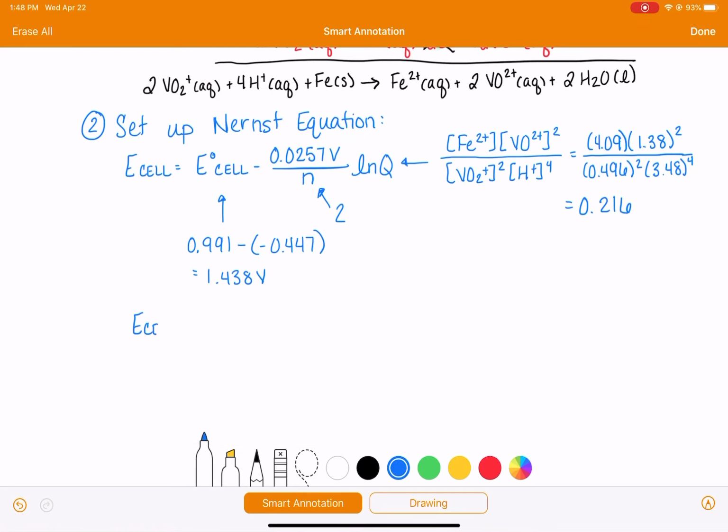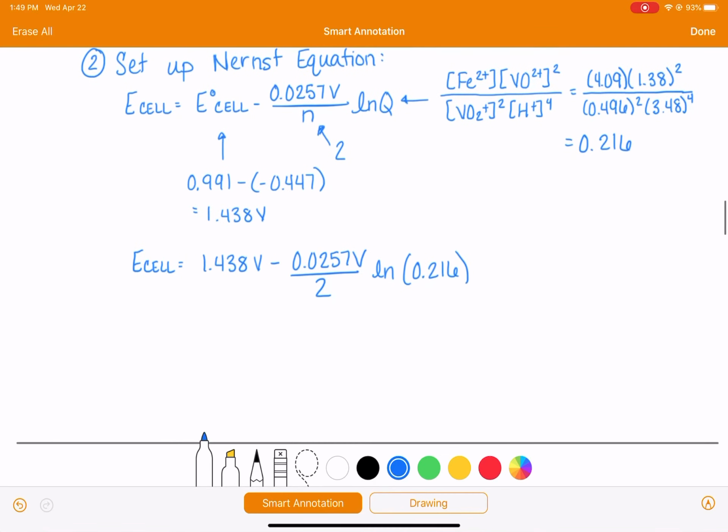Our non-standard E cell is 1.438 volts. We're going to be subtracting 0.0257 over 2, our N, times the natural log of Q, which is 0.216. So all we have to do now is just work the math out on this.